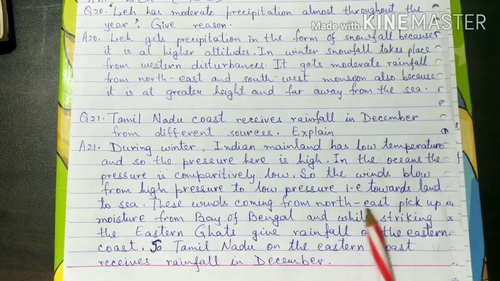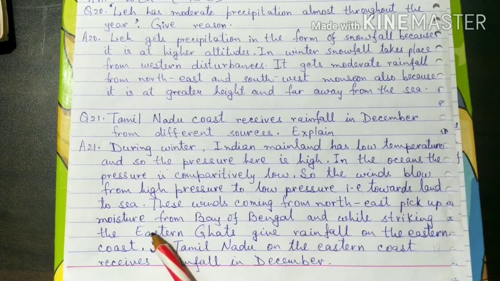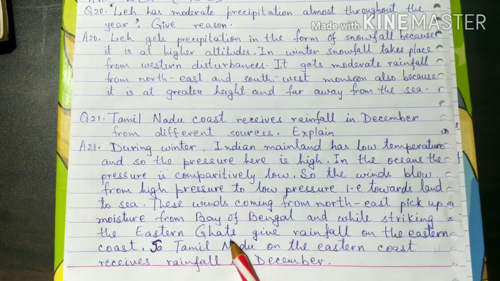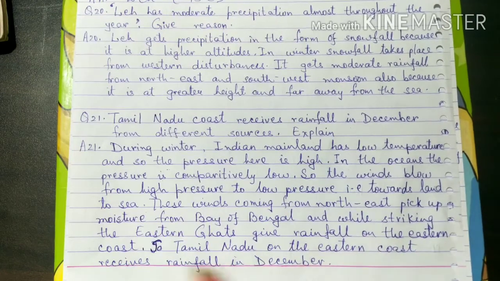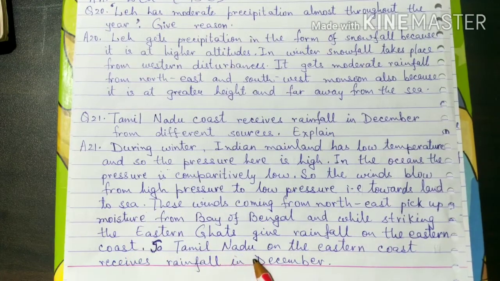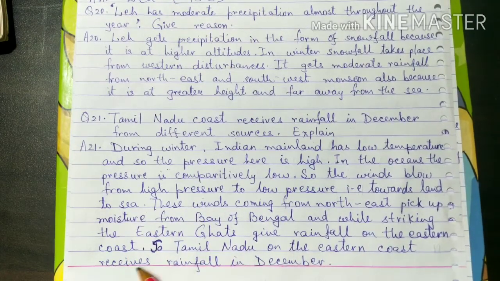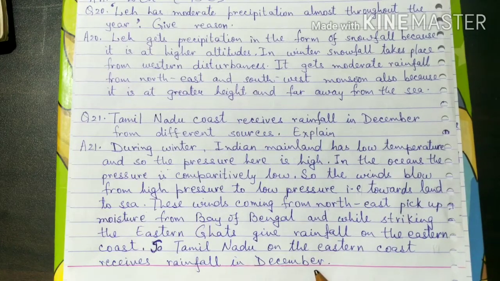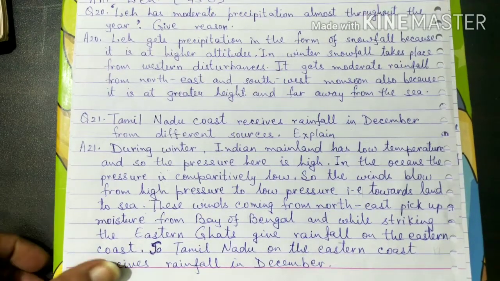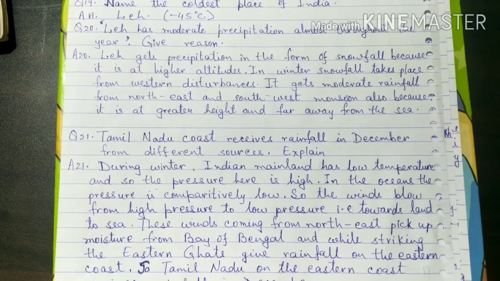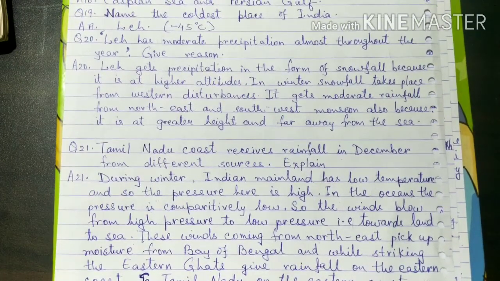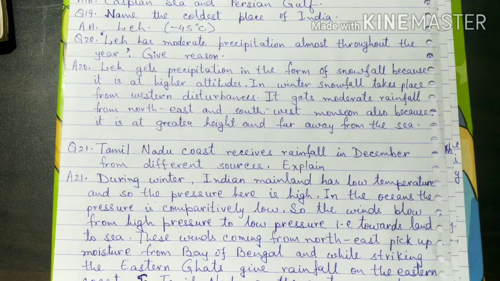These winds coming from the northeast pick up moisture from the Bay of Bengal and, while striking the Eastern Ghats, give rainfall on the eastern coast. So Tamil Nadu on the eastern coast receives rainfall in December. So this is about the questions which have been given in board exams. This is about the winter season.